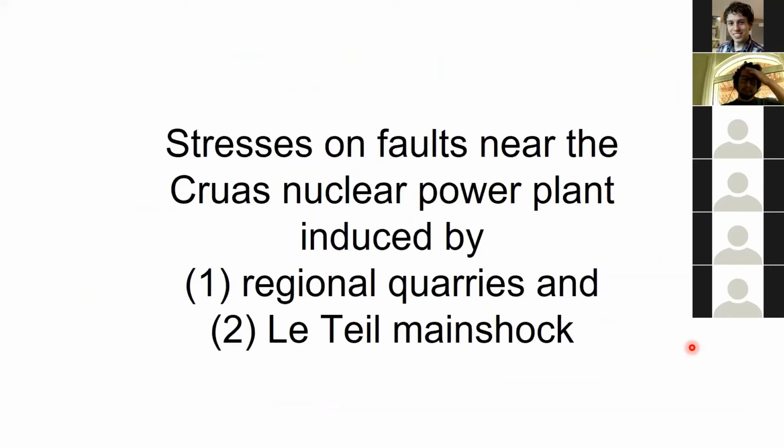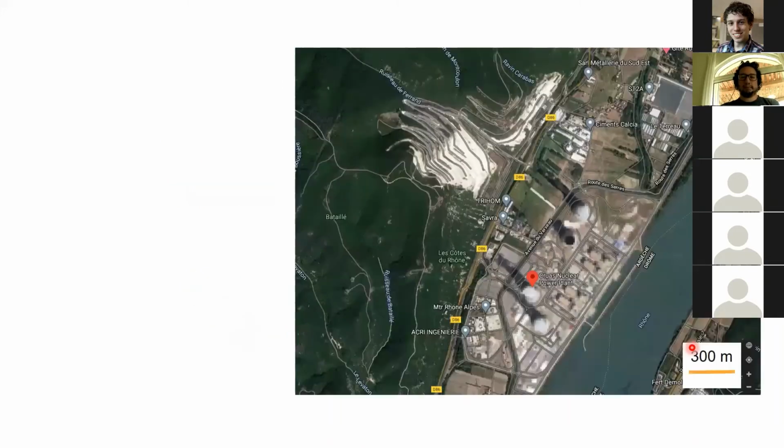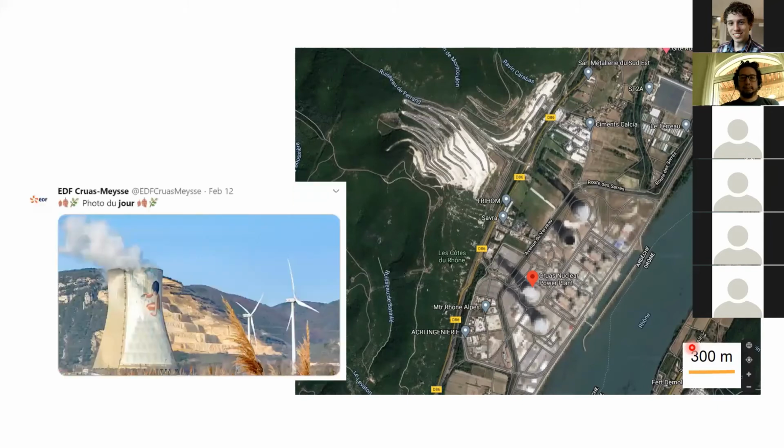So next, now we know that the fault near the quarry has gone off, but what about other faults near the nuclear power plant in Cruas? Using the same workflow, Jérémy has computed the surface elevation change from other quarry activities near the Cruas nuclear power plant.